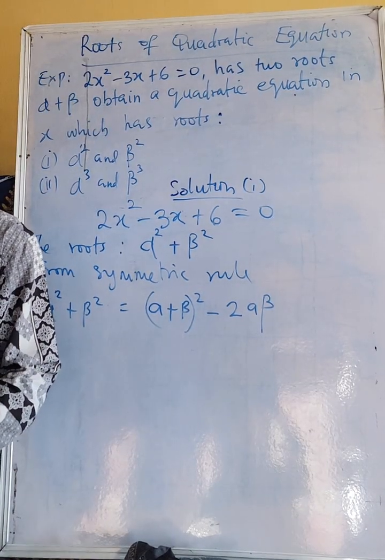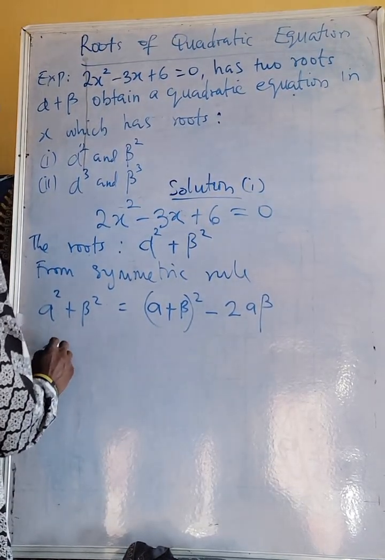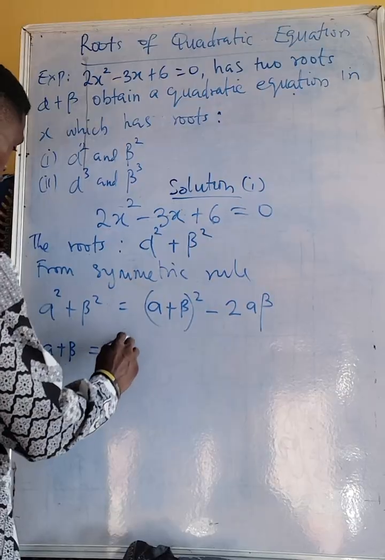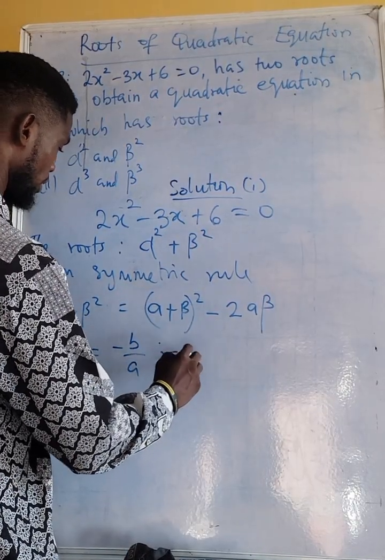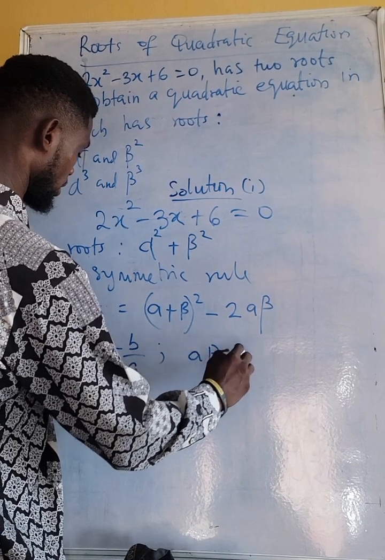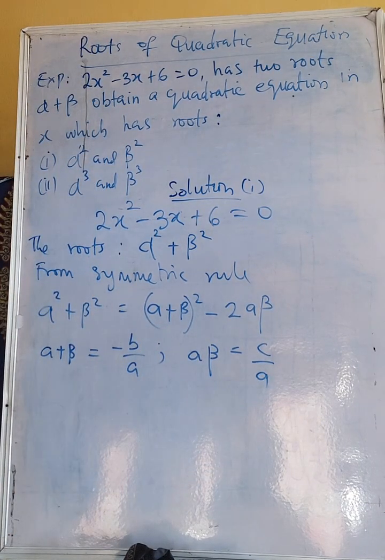That is, alpha plus beta is equal to minus b over a, and alpha beta is c over a.